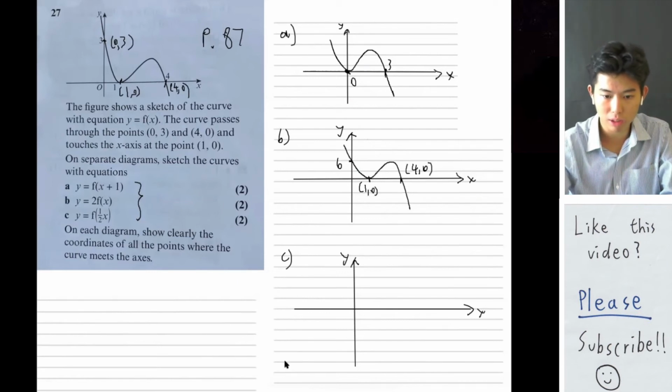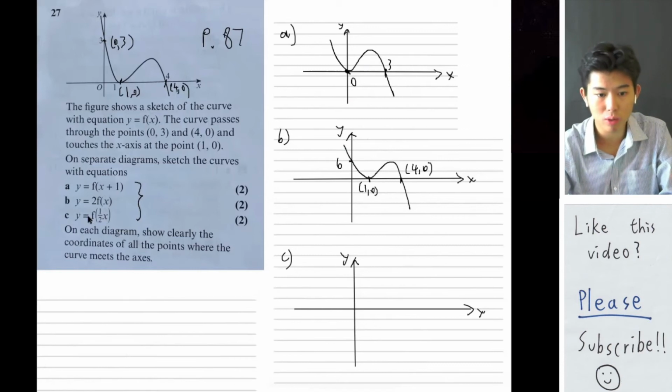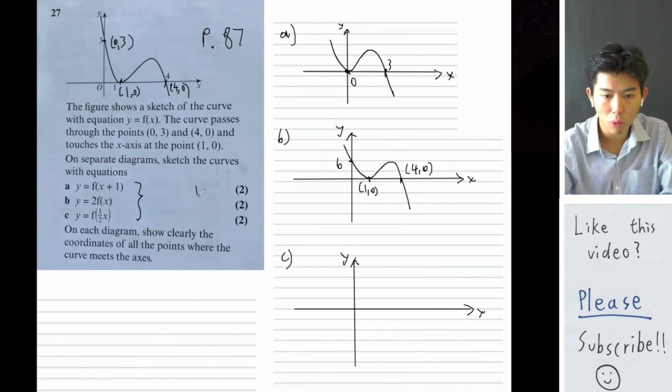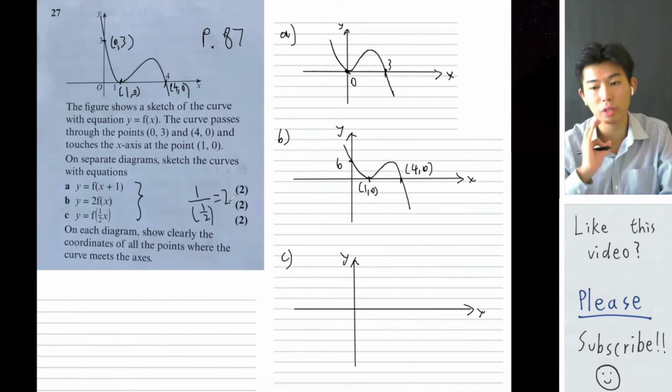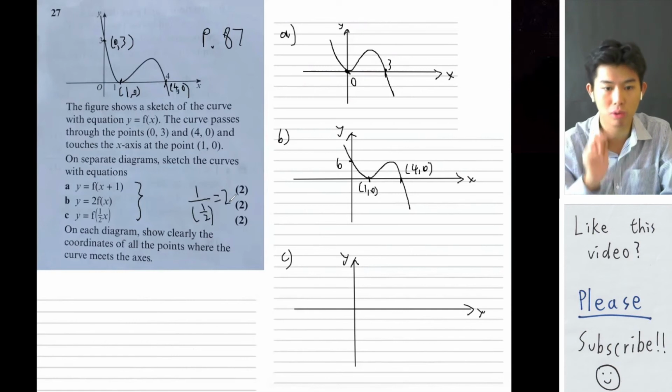Okay, so for part C, it tells us to sketch the curve of y equals to f of 1 over 2 x. So what do we have to do? All we have to do is to times all the x coordinate by the reciprocal of 1 over 2, which is 2, so times all the x coordinate values by 2.